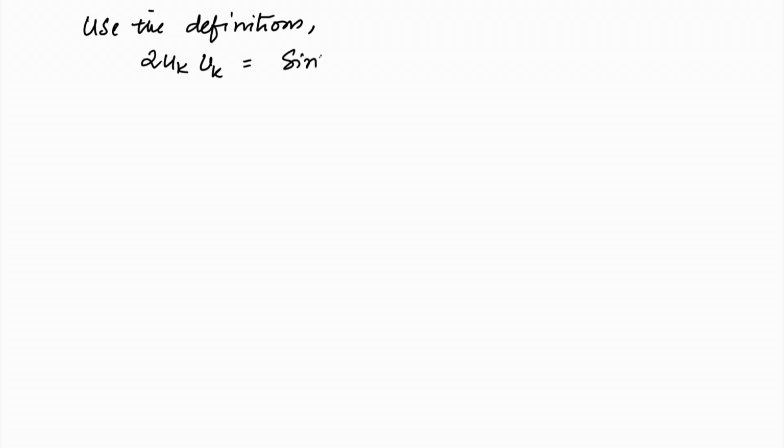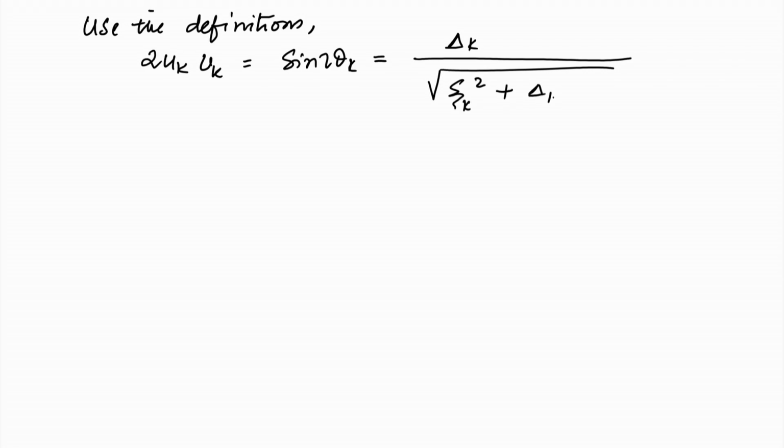Now, if we use the definitions that 2 u_k v_k, which is equal to sin 2 theta_k, is equal to delta_k divided by root over xi_k square plus delta_k square.